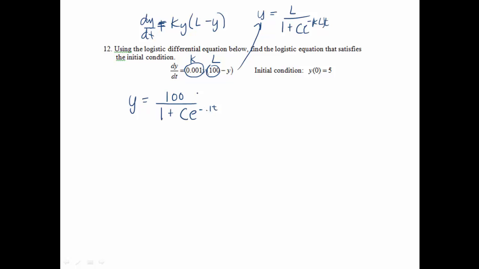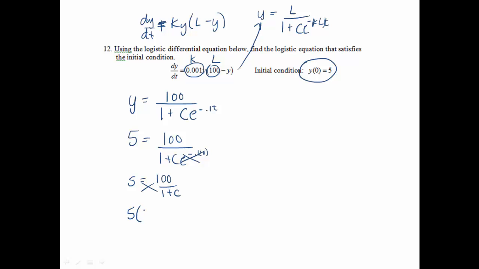Now notice I really only need to find my C using the initial condition. So y of 0 equals 5. I'm going to have 5 equals 100 over 1 plus Ce to the negative 0.1 times 0. Well, that will just give me 1. So now 5 equals 100 over 1 plus C. I'm going to cross multiply, so I get 5 times the quantity 1 plus C equals 100.